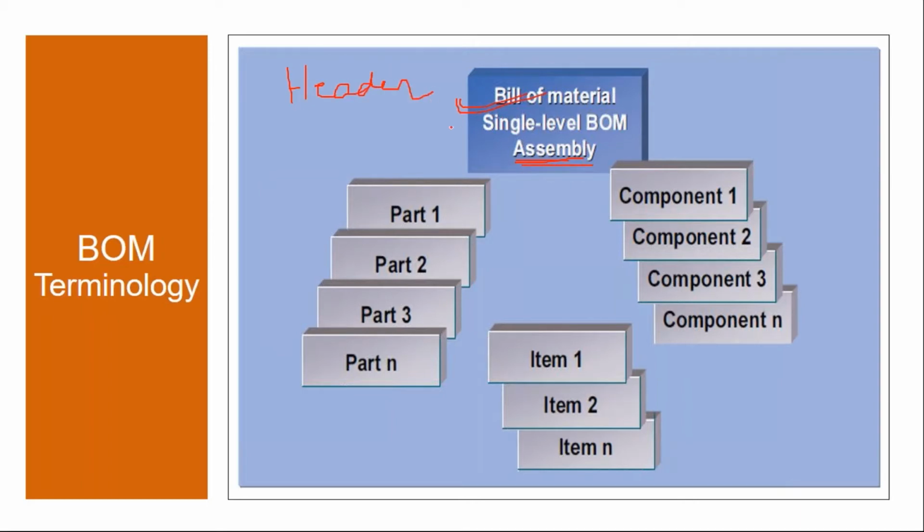Both are the same, that is the product you're trying to manufacture. Now, the input materials: in some industries they call them components, in some industries items, in some industries parts. Terminology differs from industry to industry, but ultimately they are the input materials to manufacture the product. So that is the terminology.